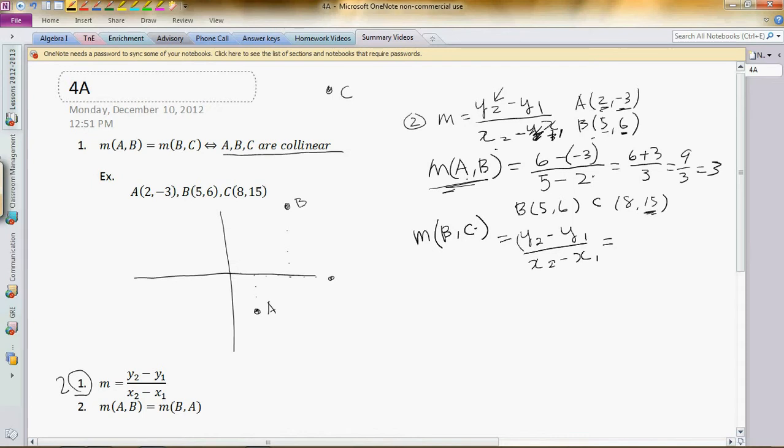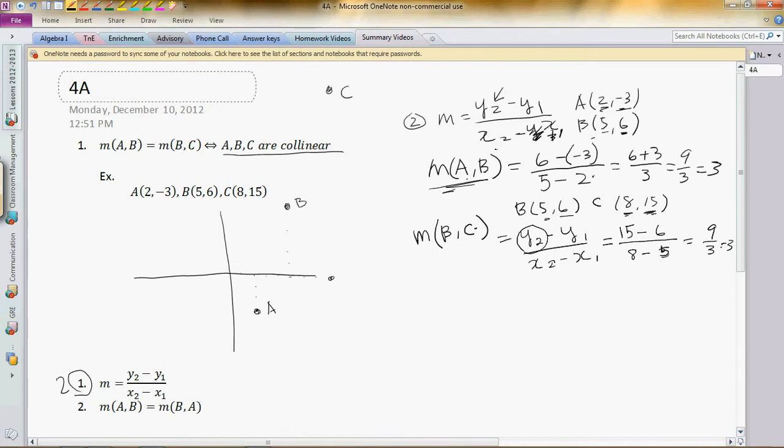That's what I mean by this notation. So it's 15 minus the first y, which is 6, over the x coordinate of the second point, which is 8, minus the first one, which is 5. I'm sorry, I did something wrong. That's 3. So that's 3.